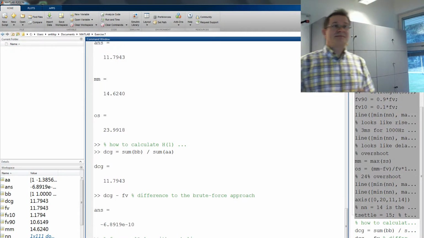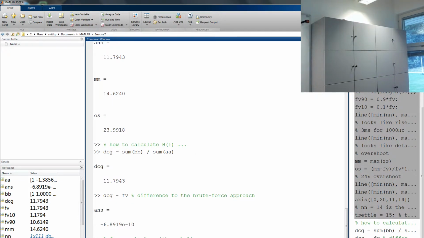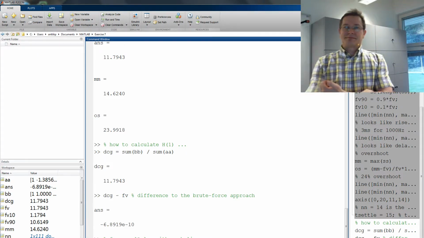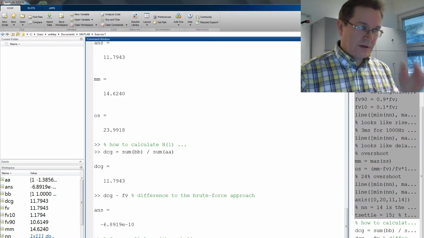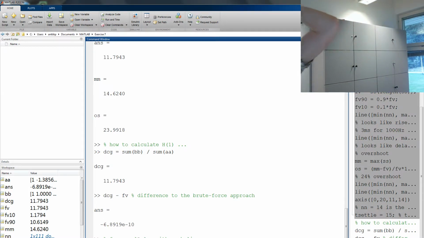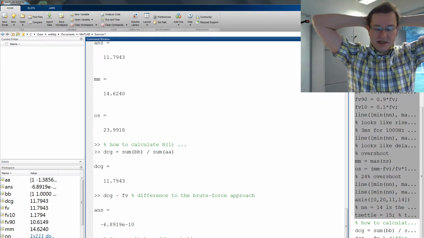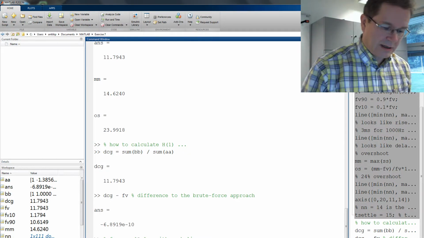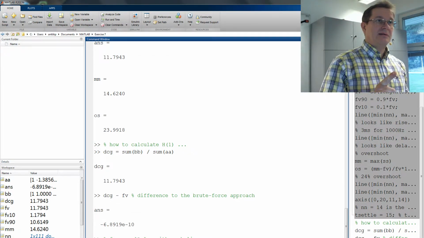Okay, first let's make this one an object, basically a system object or transfer function object, and in MATLAB there's a command tf.